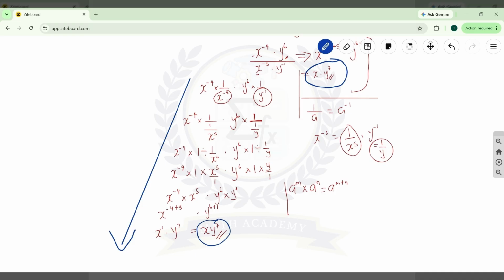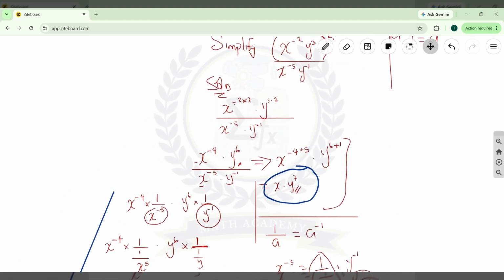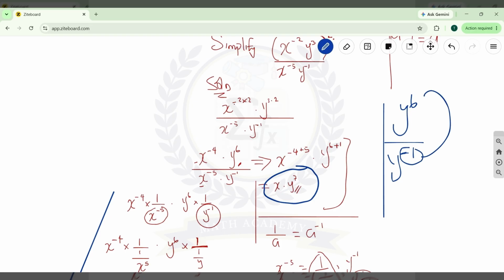But basically what you just need to do without taking all those long steps, shortcut to this is that whenever you have a negative sign, for example, y to the power of 6 divided by y to the power of negative 1. What this simply means is whatever sign is here is going to change to positive. The whole of this goes up to meet this guy, and whatever sign here changes.